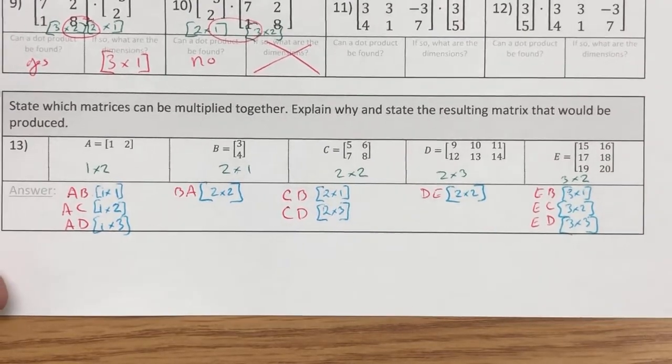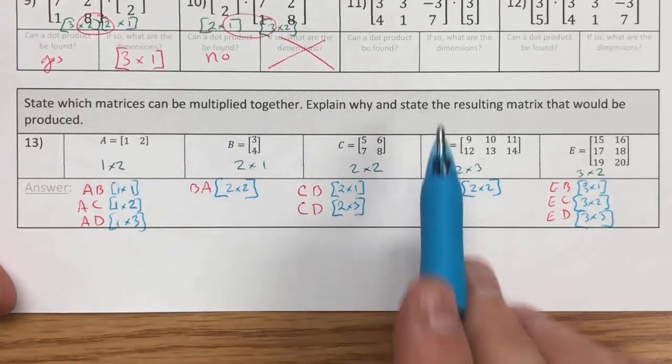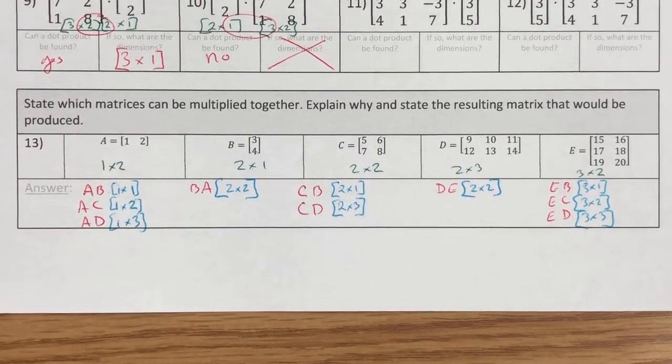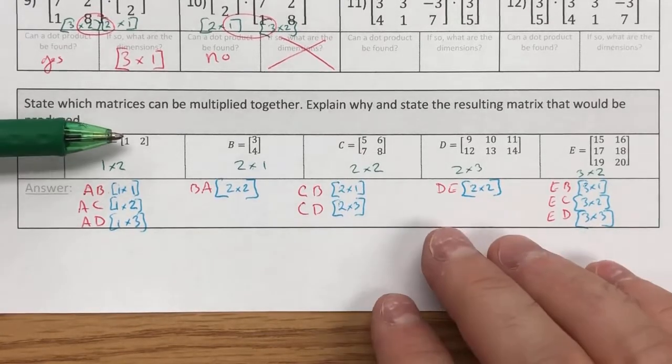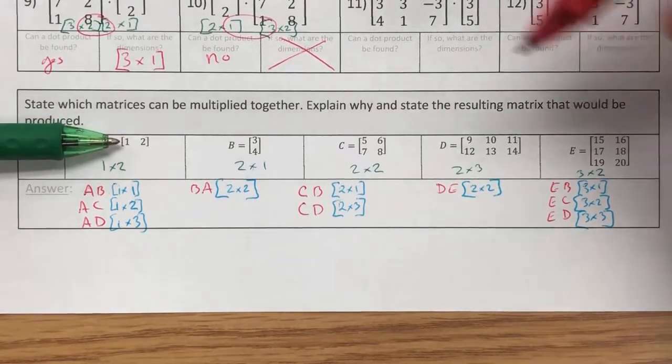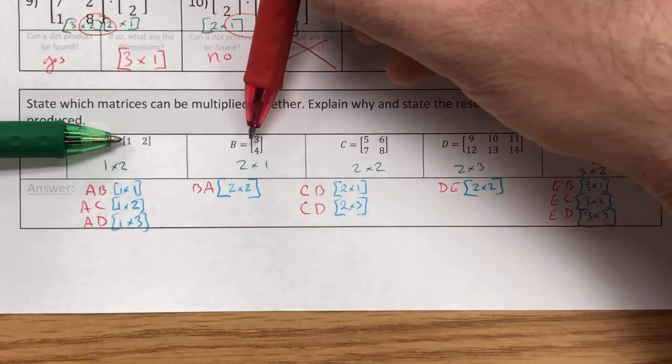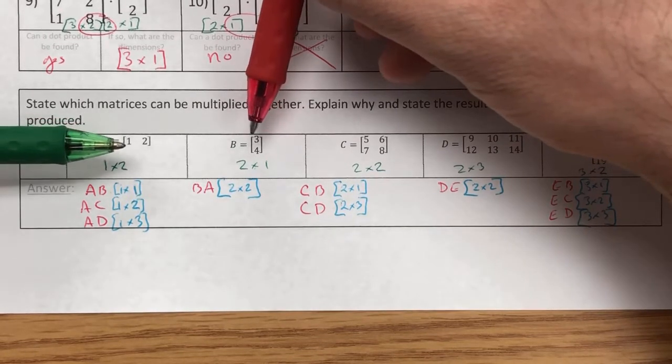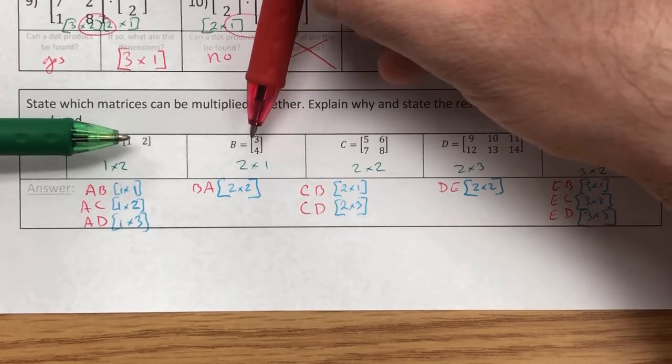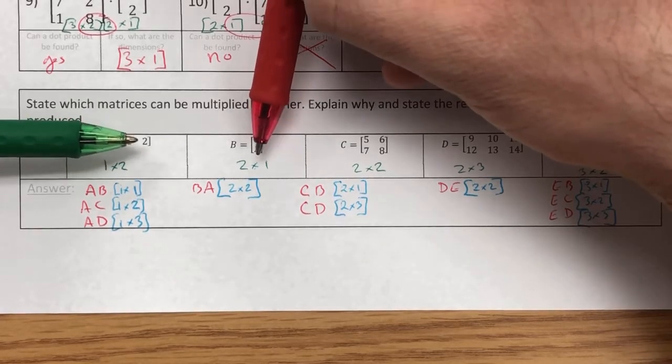Awesome. And then one of the things it also asks is to explain why. Remember, when we find the dot product, each element of the row must match with each element of the column in order to be multiplied and summed. So with the 1 and the 3, the 2 and the 4, I have the same amount of elements.